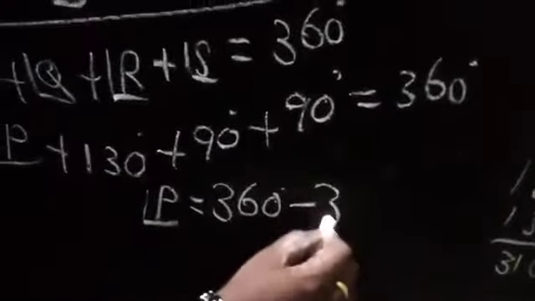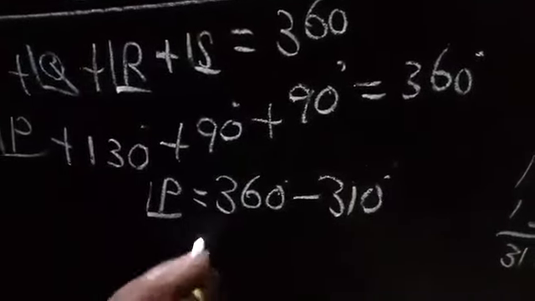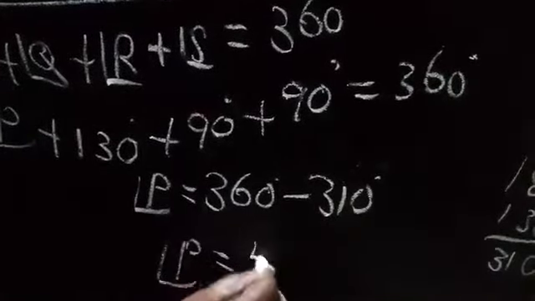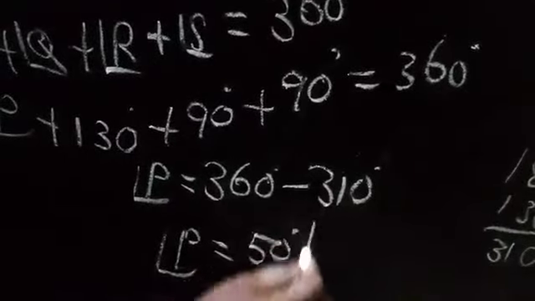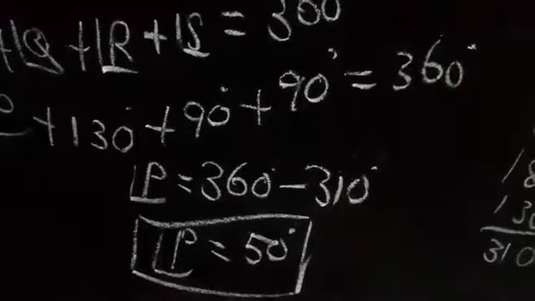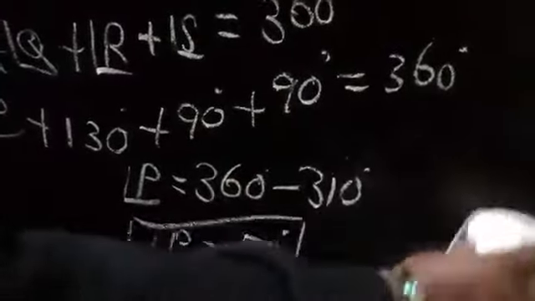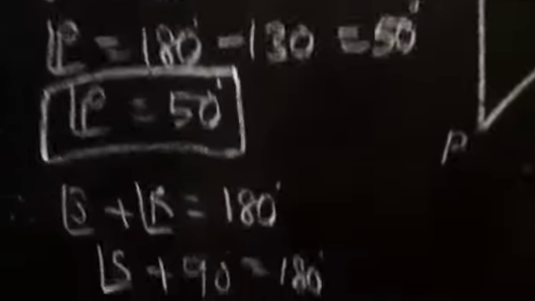So we should do 360 minus 310, then P angle equals 50 degrees. Other method like this also we can find. Two methods we can find P angle. This is one method, this is another method.